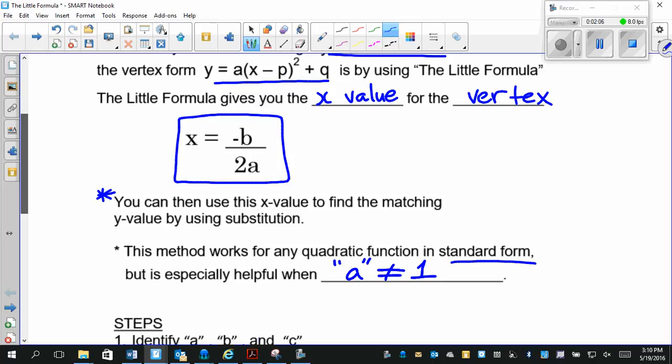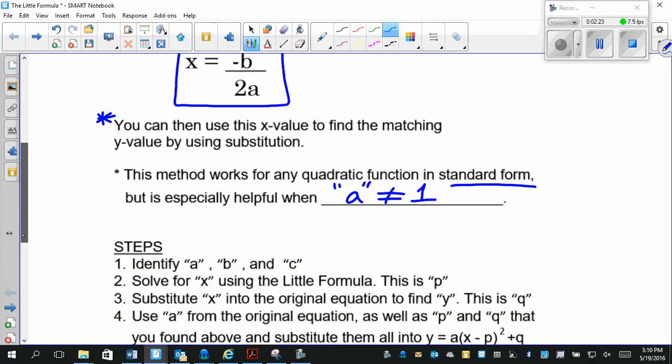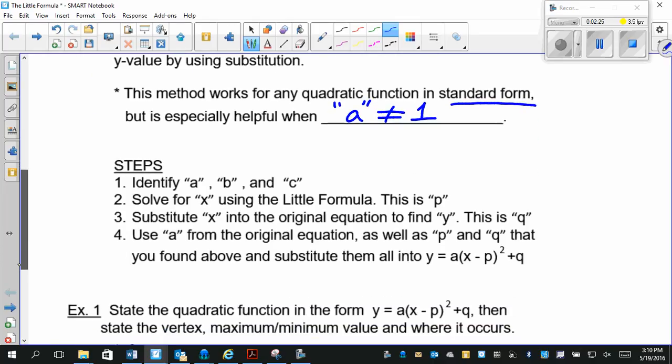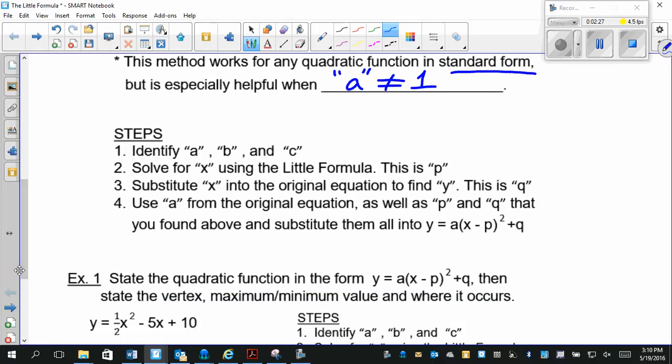Because when we get a number out in front that is not equal to 1, as we found when we did completing the square, there's extra steps there. We have to divide things by that, and then it just makes it a little more difficult to do. So here are the steps that we use when we are using the Little formula. We won't read through these right now, but they're listed there.